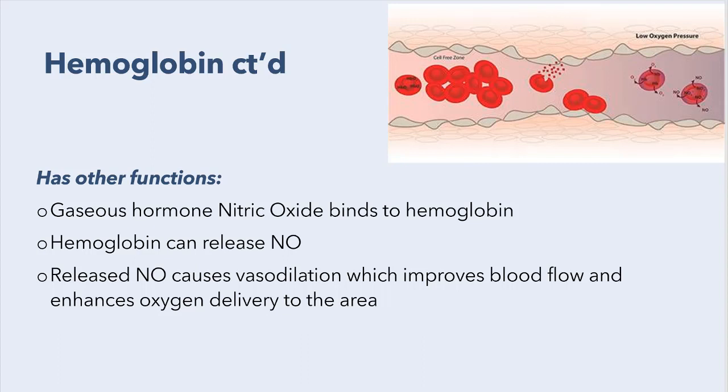So it can regulate blood flow and blood pressure by secreting this gaseous hormone we call nitric oxide. Nitric oxide is involved in vasodilation. That's what it stimulates, and you can see here, once the red blood cell secreted nitric oxide, then we see a little bit of an expansion there to allow the blood to move through.